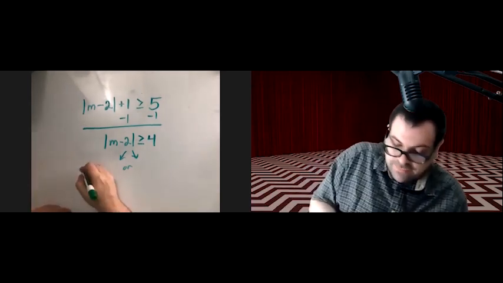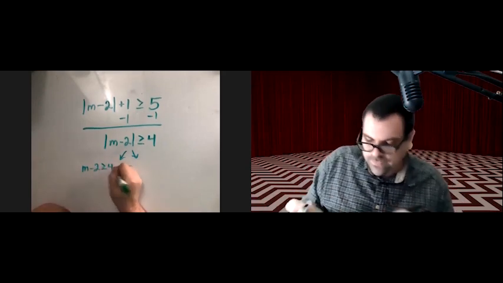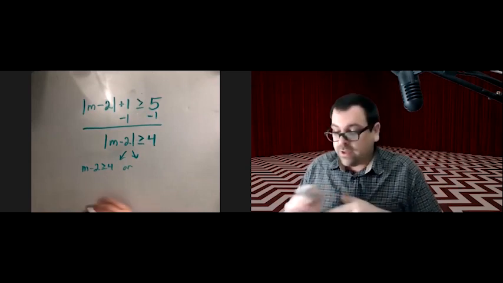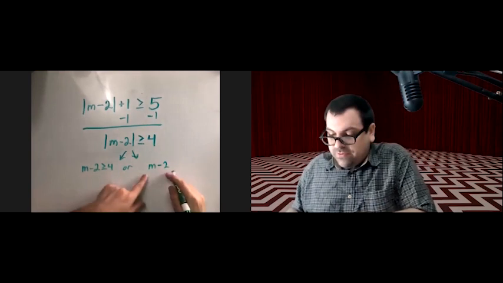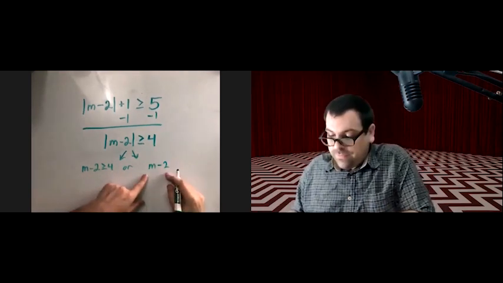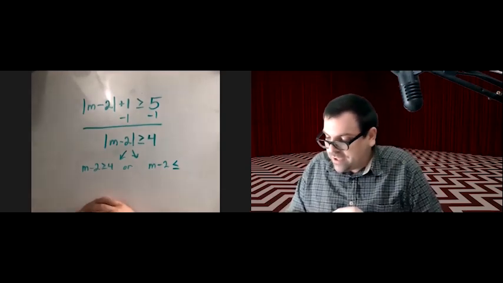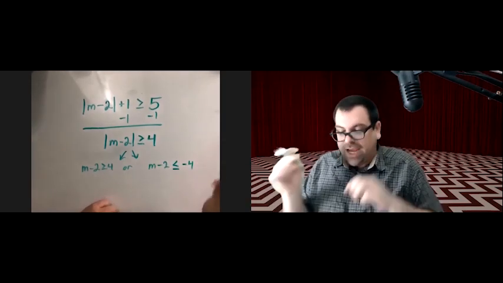First one, we just drop the absolute value. So m minus 2 is greater than or equal to 4. The other one, drop the absolute value, m minus 2. Switch greater than or equal to to less than or equal to. Change positive 4 to negative 4.